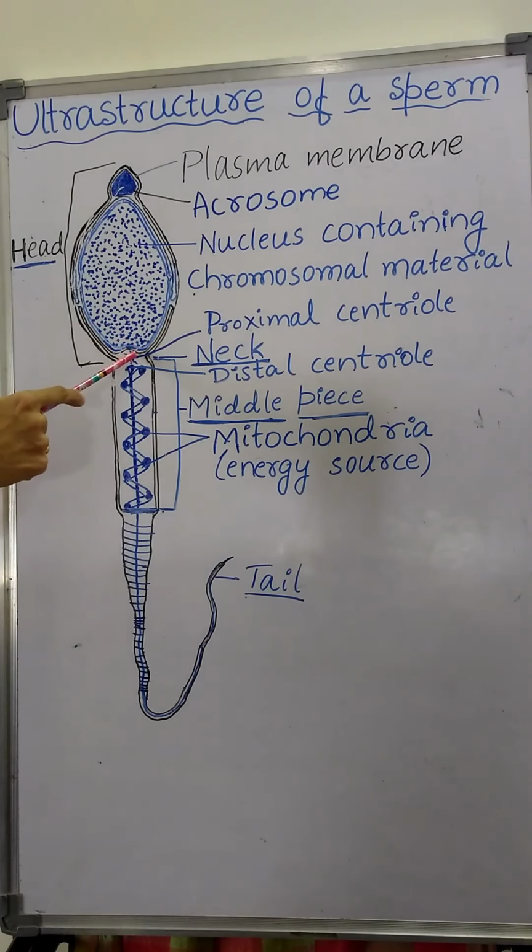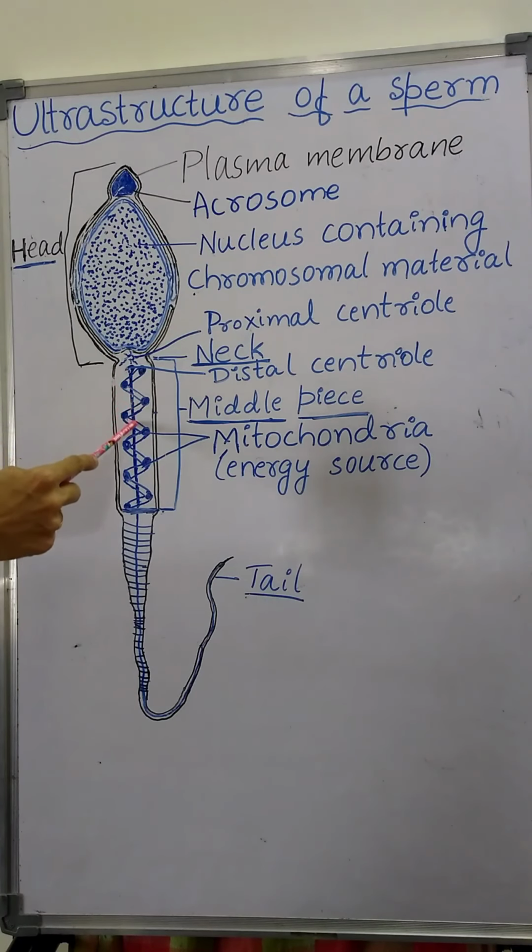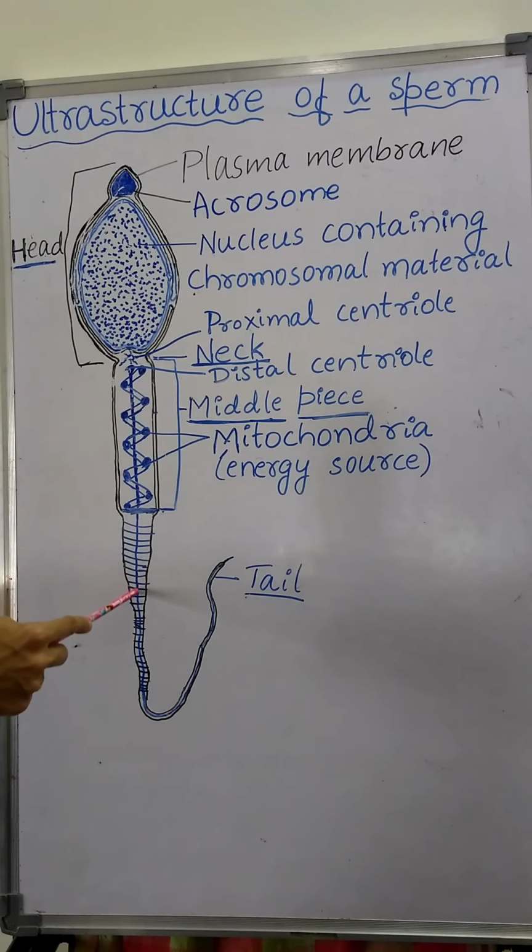From this distal centriole, a long fiber arises. That long fiber is called the axoneme or axial filament.